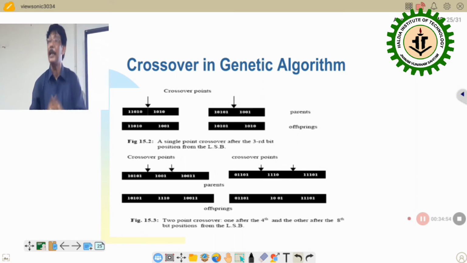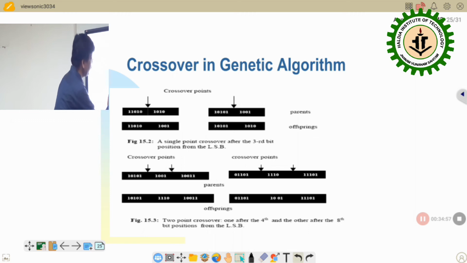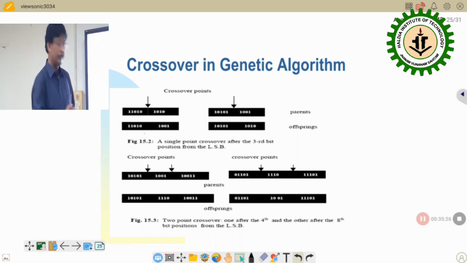Now what will be their offspring? You see, this is child 1 and this is child 2. In child 1, the first 5 bits 11010 are exactly the same as the first part of parent 1. So that particular part of the first child is inheriting the characteristics from parent 1 up to this part.